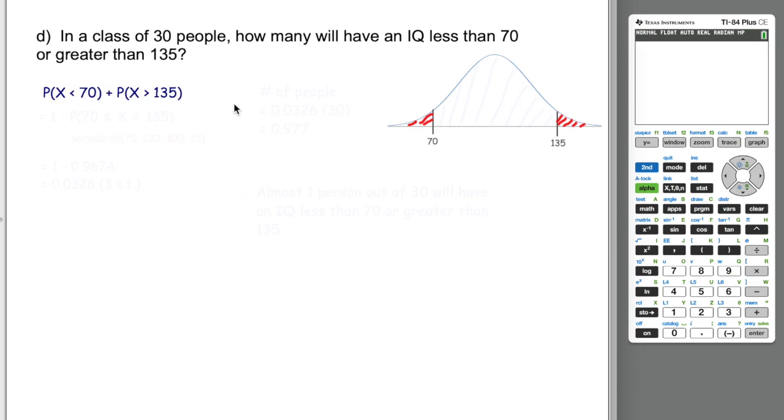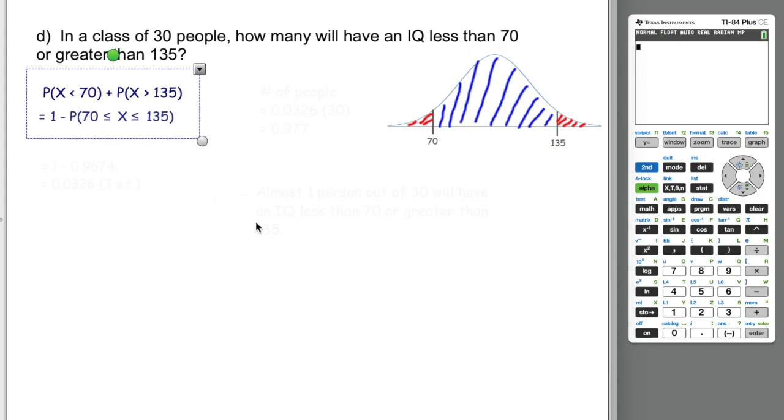But alternatively, there may be a more efficient way to carry out our calculation, which is to consider the complement, right? Because in order to get the two red areas in total, all I need to do is to subtract this blue area sandwiched between the two IQ scores, okay, from the total of 100. So we can do this instead, okay?